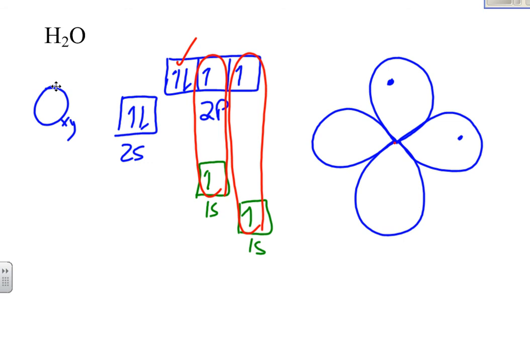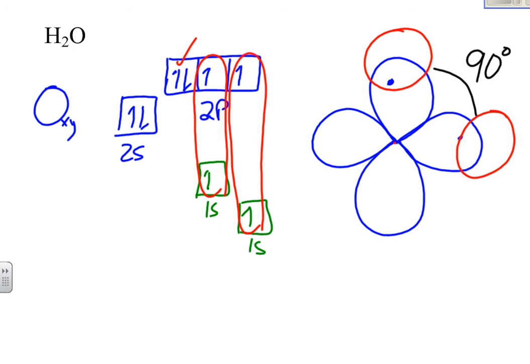So if we bring the hydrogens in, one there and one there for that overlap, here's the problem. The bond angle between the two hydrogens, given the structure, is going to be 90 degrees. Well, we know that water doesn't exist with a 90-degree bond angle. Water exists with a bond angle that's much larger than that.